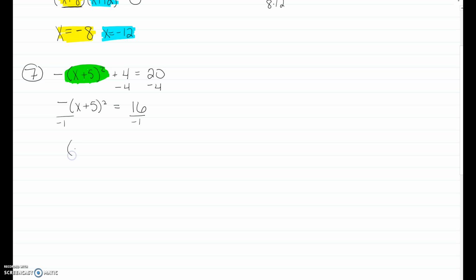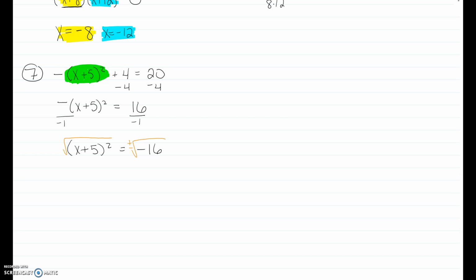So we would have the quantity x plus 5 squared equals negative 16. To undo a square, we square root. And when we put a square root in, we need to put a plus minus in front of it.